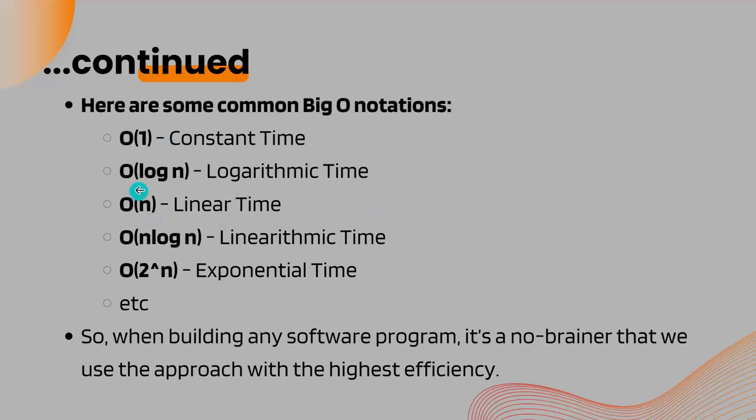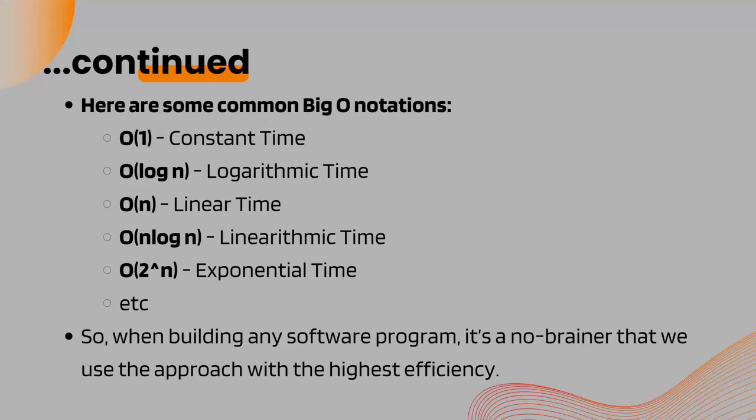Linear time, we've looked at that. We also have linearithmic time, n log n, exponential time, 2 raised to the power of n. We also have things like quadratic, n raised to the power of 2. We have cubic, n raised to the power of 3, and so on. Okay? So O of 1 is the fastest. That is why if you build a system with O of 1, that means there's constant time complexity.